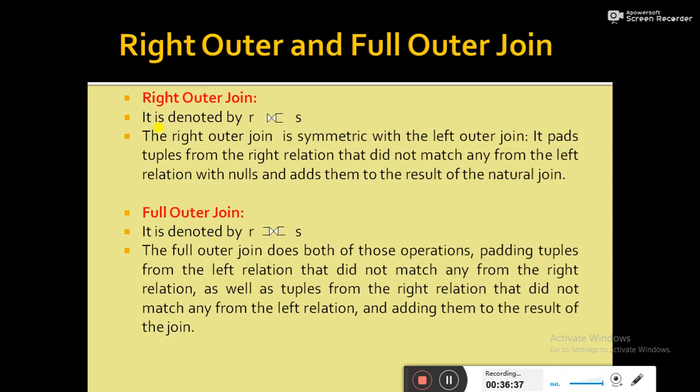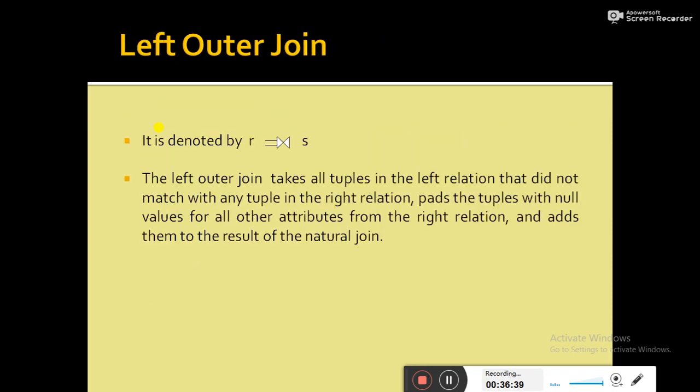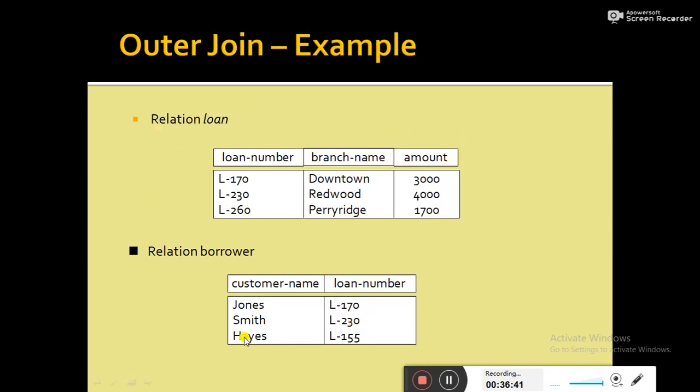For example, go back to the previous slide. This is the borrower with L155, but no corresponding record is present.